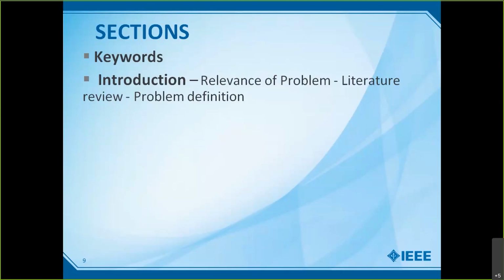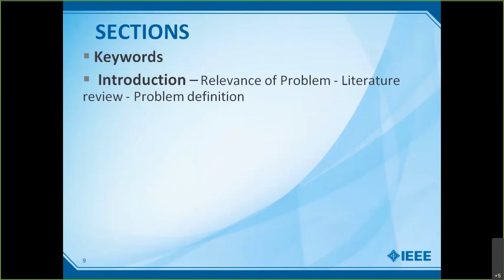That means how well you set the stage for the paper, and how well you establish the relevance of the problem you are addressing. You should convince the reader that this problem is a million dollar problem. And in the literature review, you say that such and such author has done this. Don't forget to mention the lacuna of those papers.